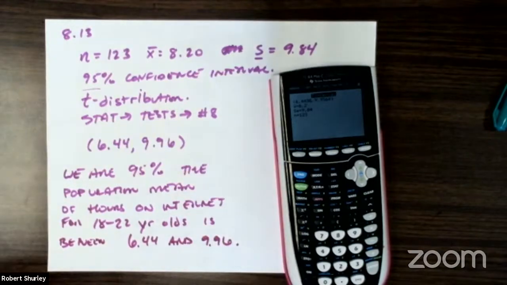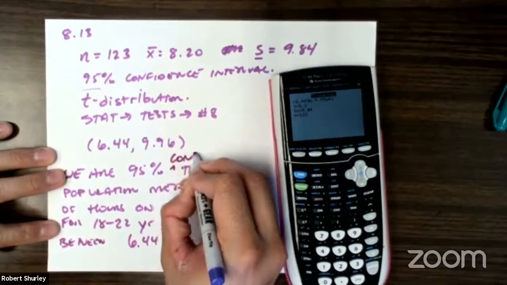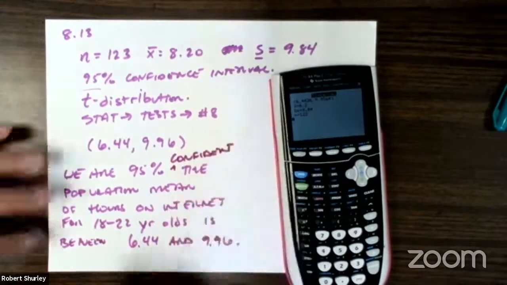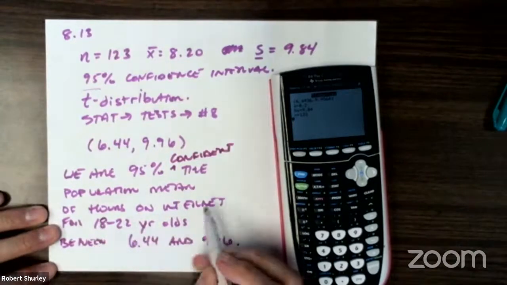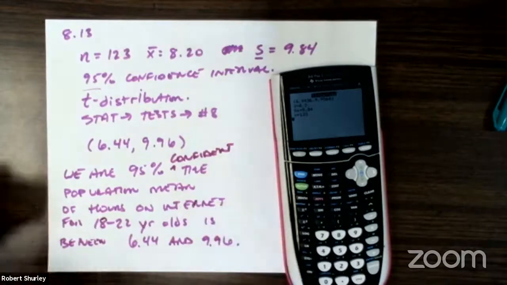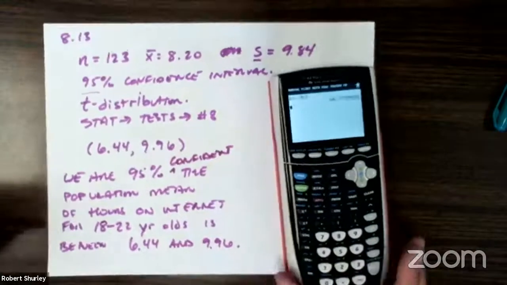Okay, 6.44 and 9.96. So we're 95% confident. Oh, I didn't put confident. We're 95% confident the population mean of hours on internet for 18 to 22-year-olds is between 6.44 and 9.96.